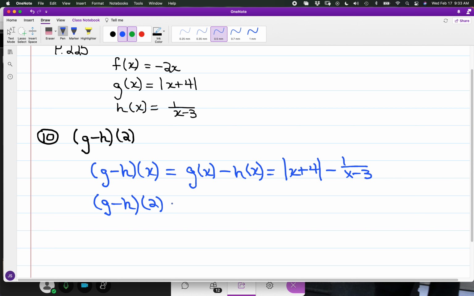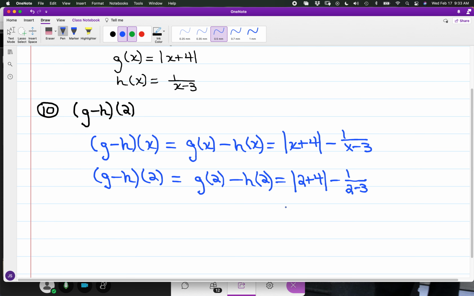so we have for g minus h of 2, so I have g of 2 minus h of 2, and filling in 2 for x, so we have the absolute value of 2 plus 4 minus 1 over 2 minus 3. And I'll just work on down here.